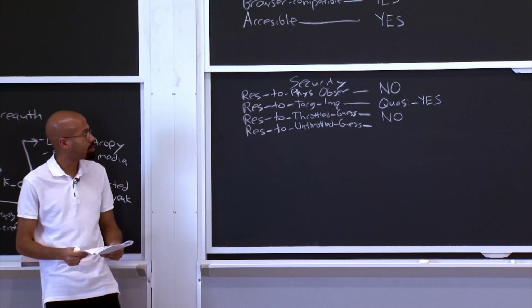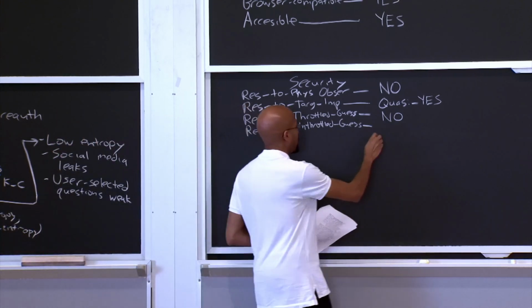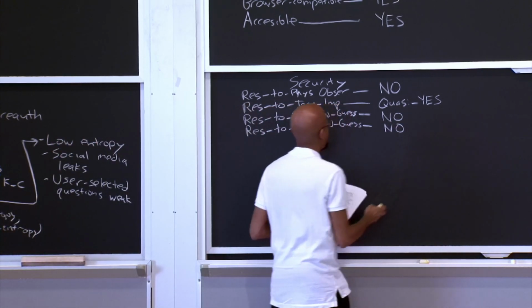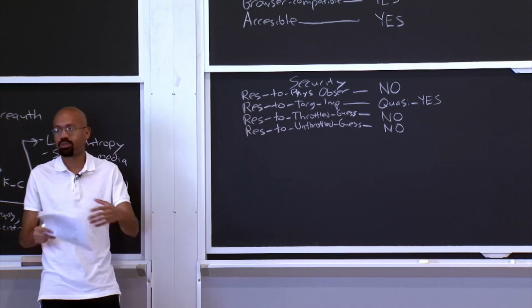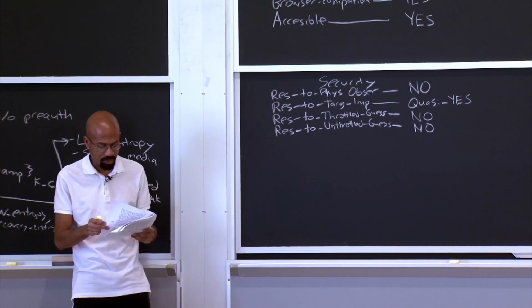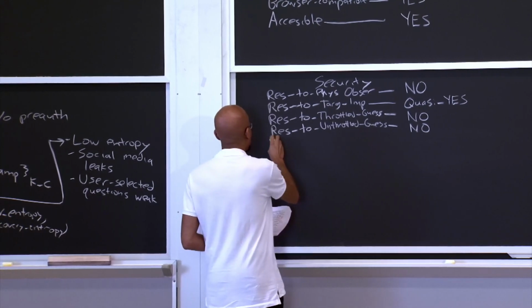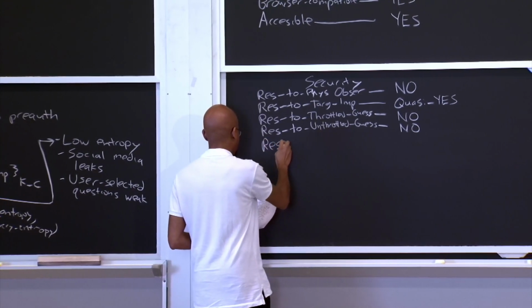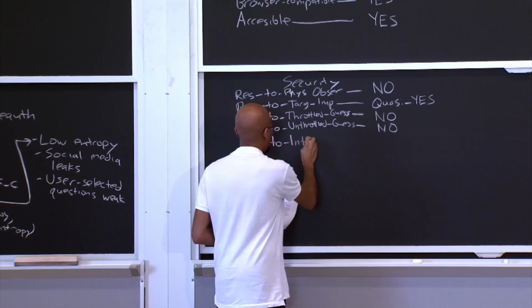So is the authentication scheme resilient to that type of attack? And here, this answer is also no, for the same reason that the answer was no up here. So basically, passwords have a very small entropy space, and they come from the skewed distribution. So that's all pretty straightforward. One interesting one is resiliency to internal observation.